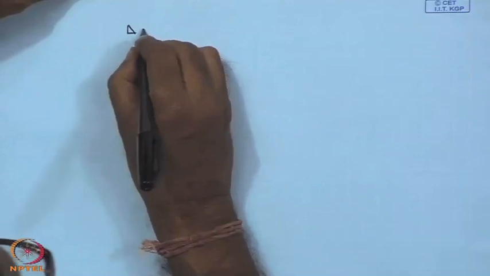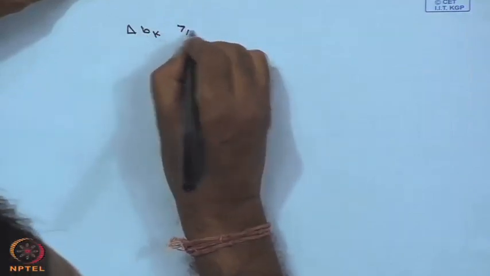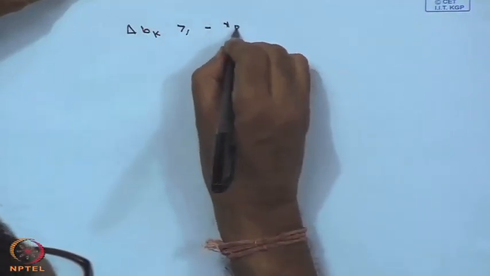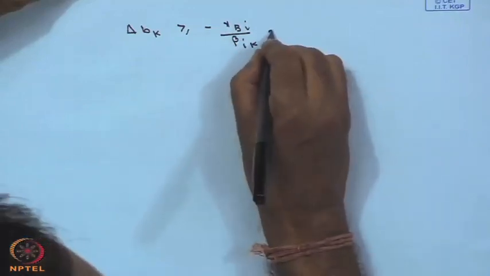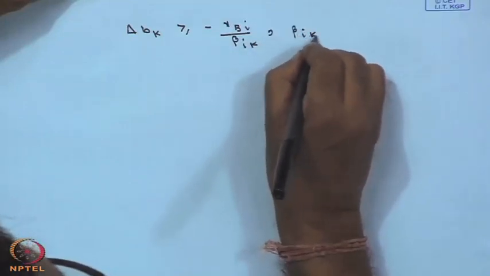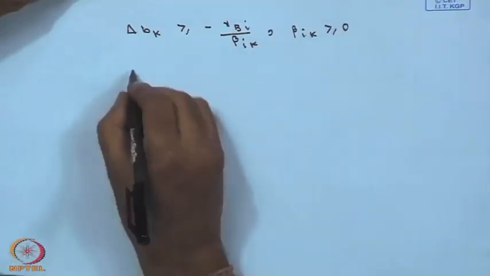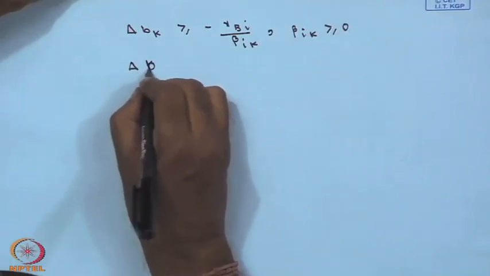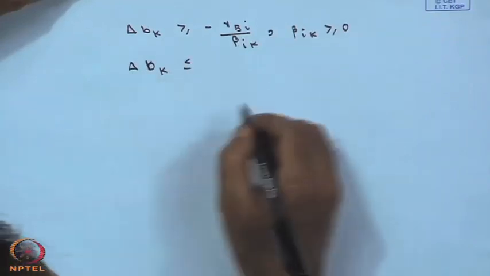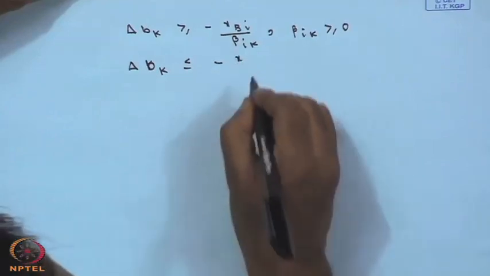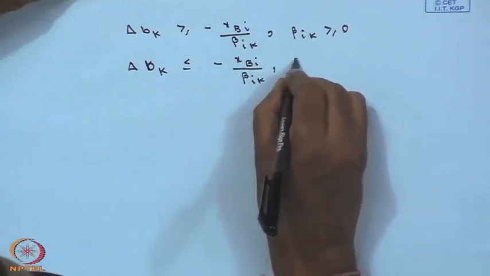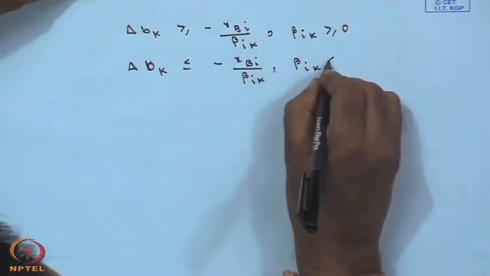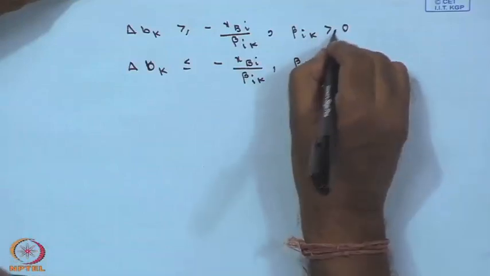From here you can write delta b_k greater than or equal to minus x_Bi by beta_ik, whenever beta_ik is greater than 0, and delta b_k less than or equal to minus x_Bi by beta_ik, whenever beta_ik is less than 0.